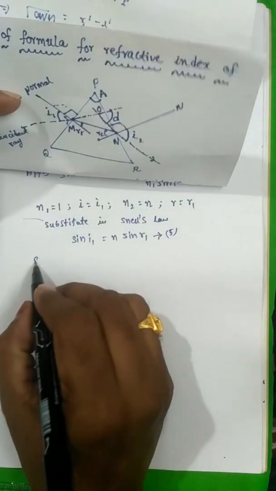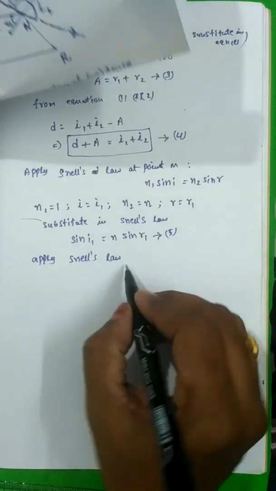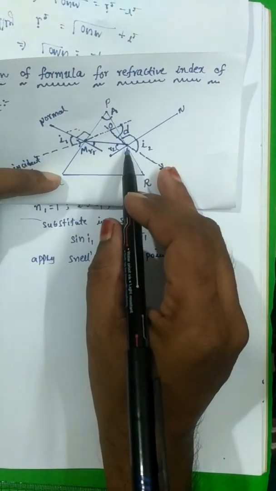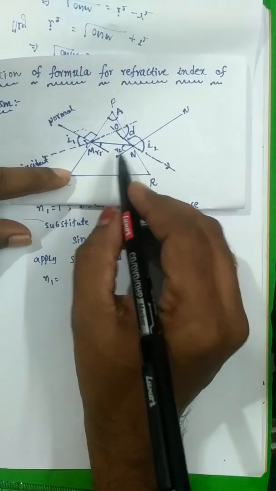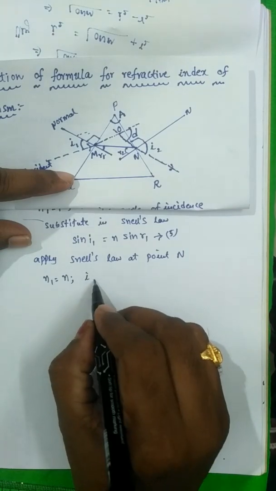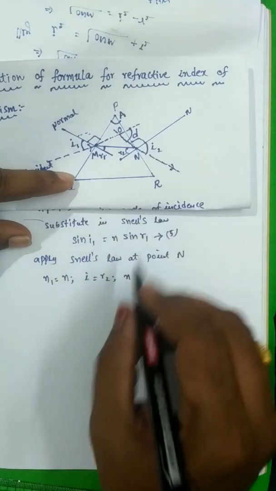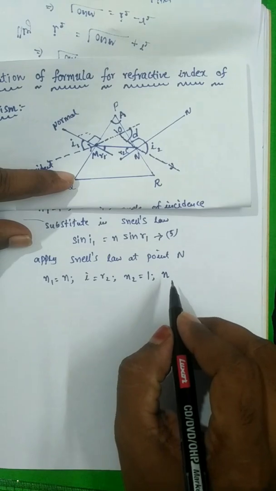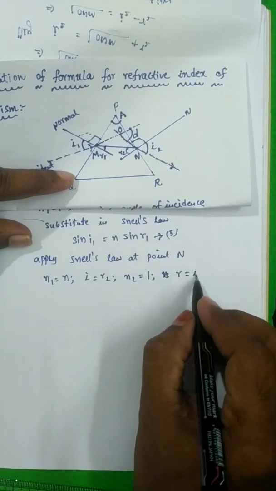Once again we have to apply Snell's law at point N. At point N, which one is the first medium? Glass is the first medium, with refractive index n1. What is the angle of incidence there? That is r2. And coming from the medium to the air, the refractive index n2 equals 1, and the angle of refraction is I2.